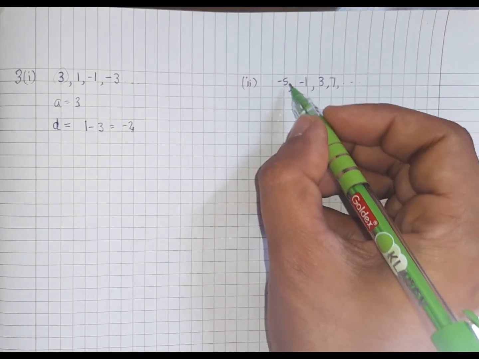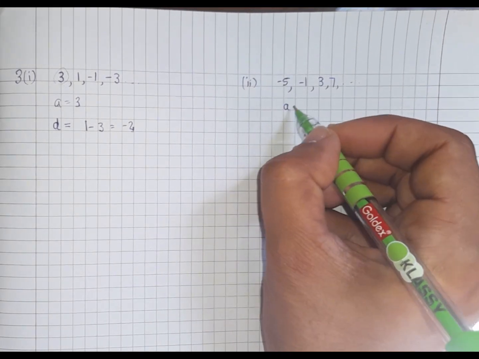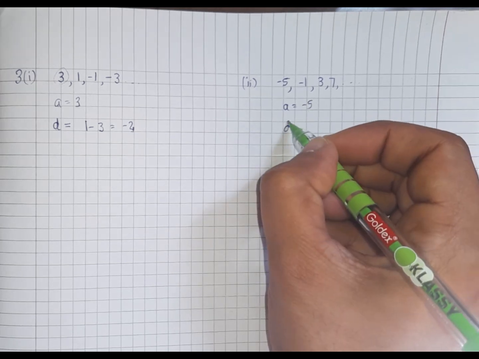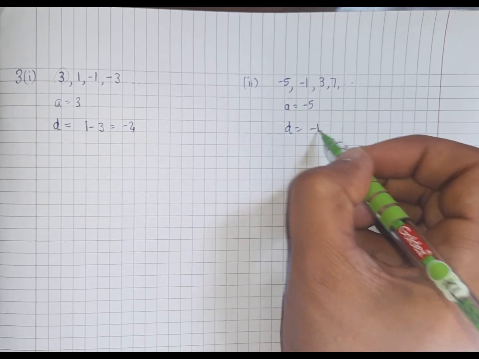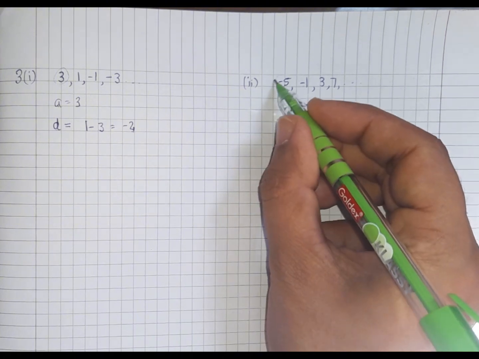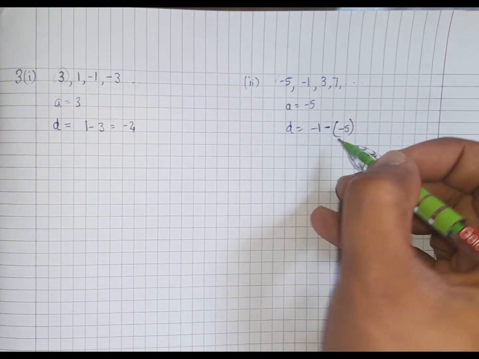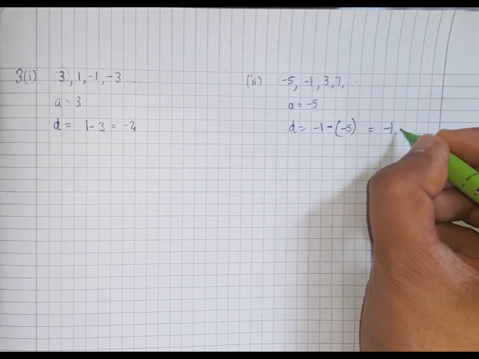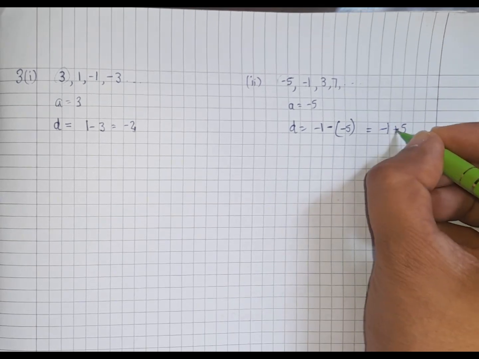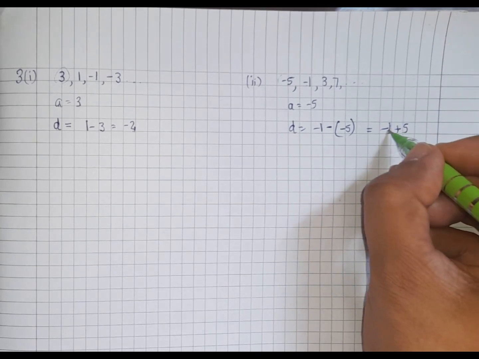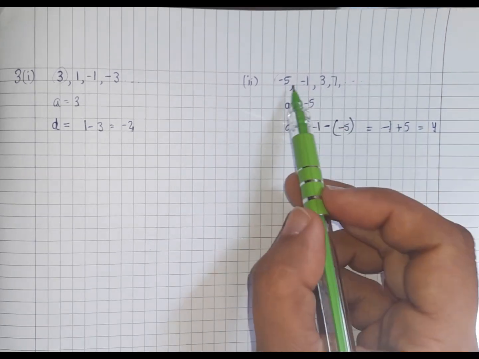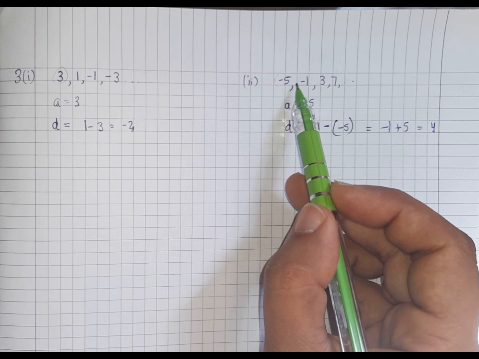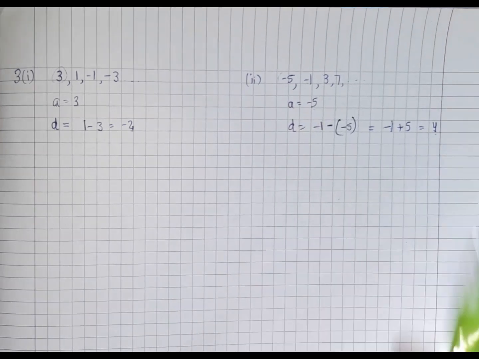Similarly in the second part, A equals minus 5 and D equals minus 1 minus the first term. So after subtracting we have minus 1 as it is, minus (minus 5), that is minus plus 5. So after subtracting these two terms we have 4. So here the first term is minus 5 and the common difference is 4.